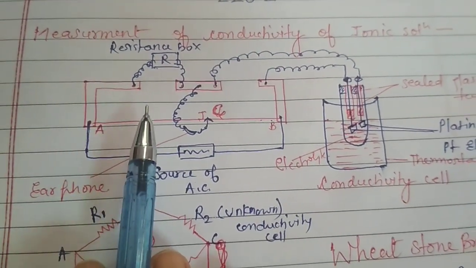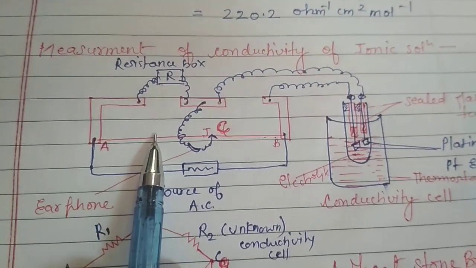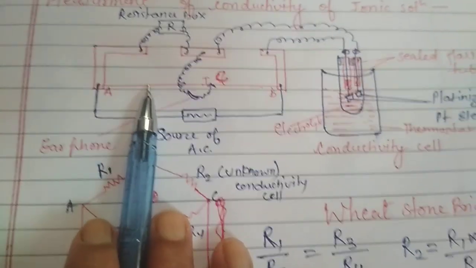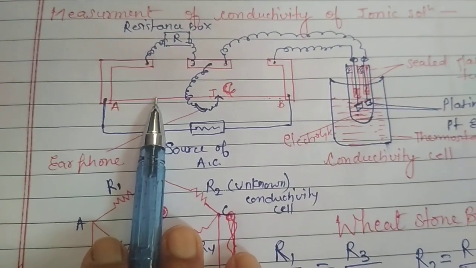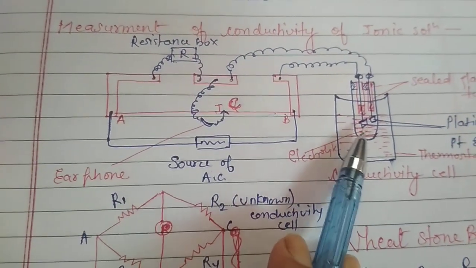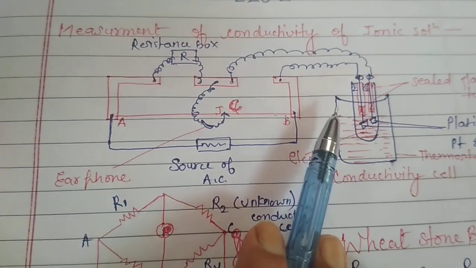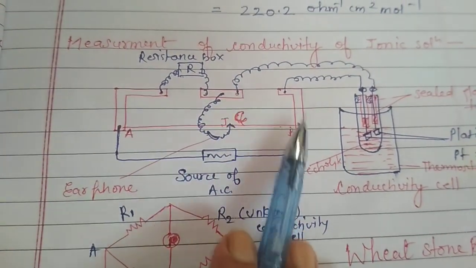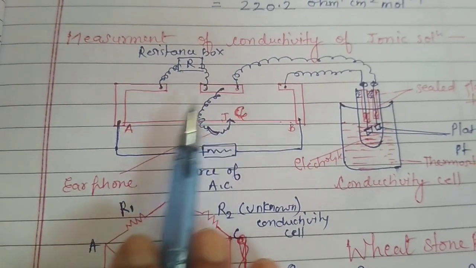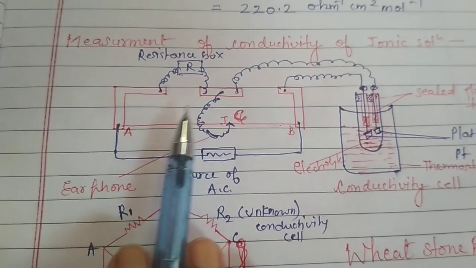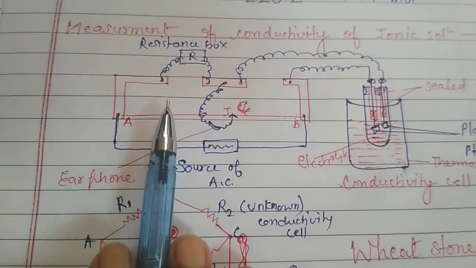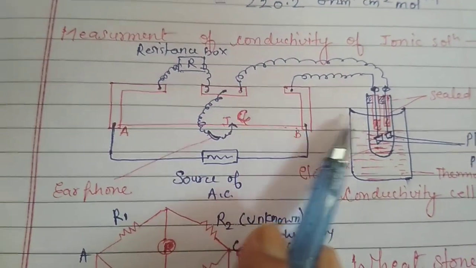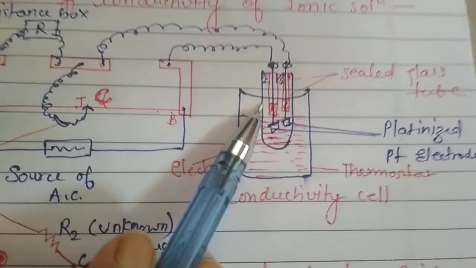Now we are having some problems to find out the resistance with the help of Wheatstone bridge apparatus. What are the issues? Because it is a solution, it is not very easy to connect the solution to the apparatus, because it is not a wire, it is not a solid metal substance to which we can find out the resistance. For this we have taken a special kind of concentration cell.